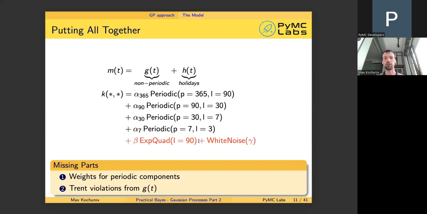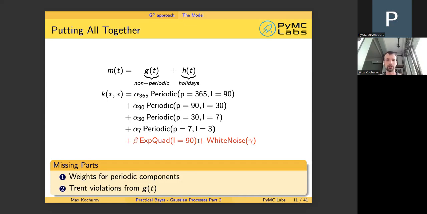An additional thing that is also very useful every time is to specify a structural trend component, the deviation from the periodic part, because in the real world we don't have these patterns repeated copy-paste.